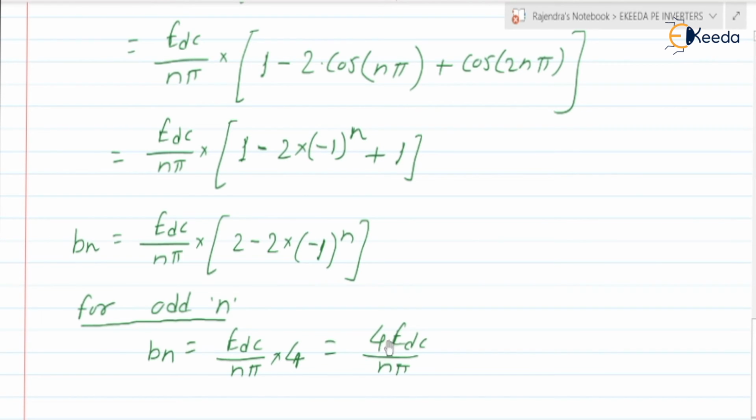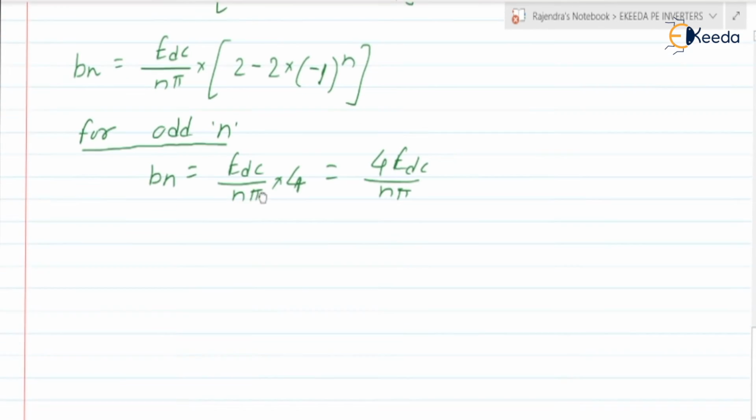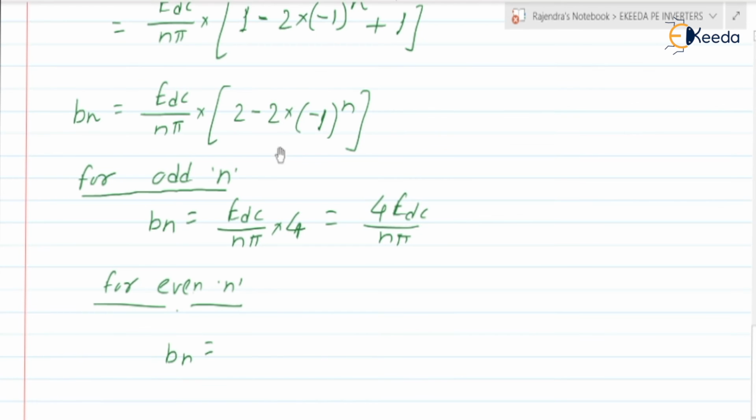Okay, if n is even, then what will happen? For even values of n, it is 2 minus 2 into minus 1 to the even power.